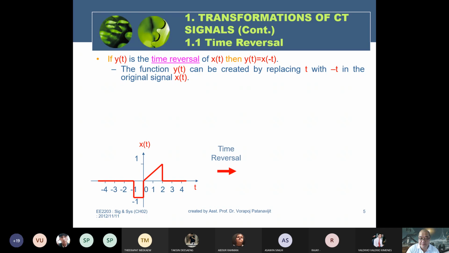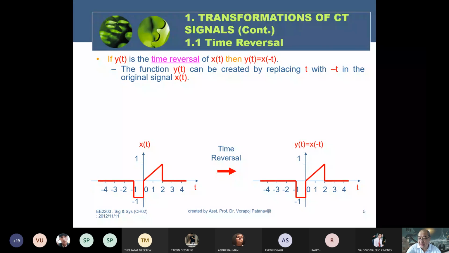In the graphical point of view, what about the time reversal? The original signal is x(t) here. Time reversal means you substitute every t by -t, or you flip x(t) with respect to the vertical axis.